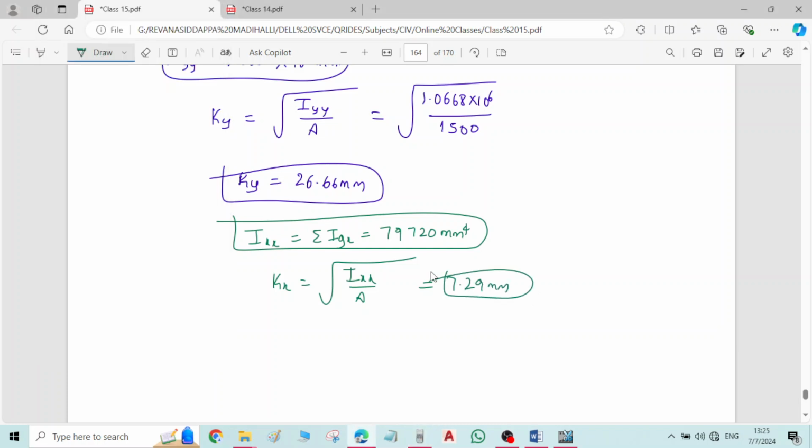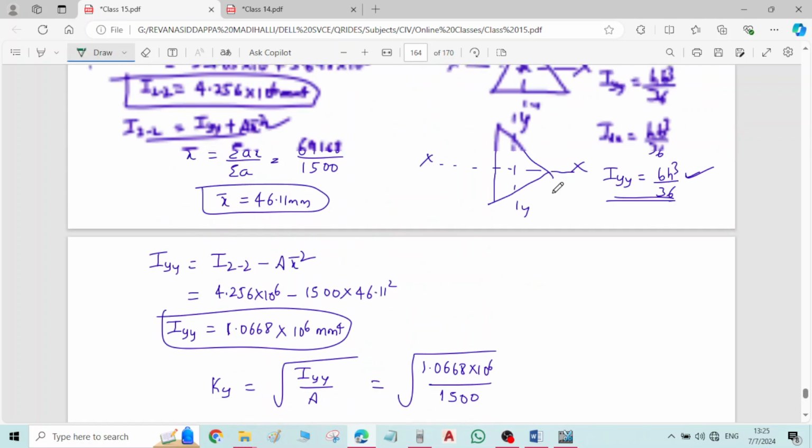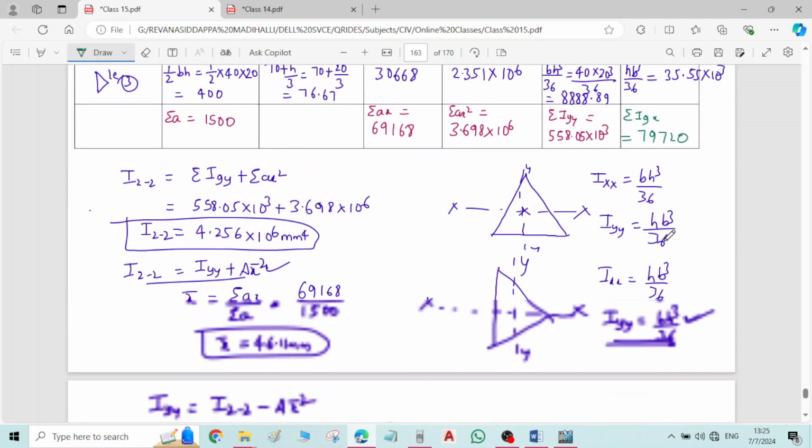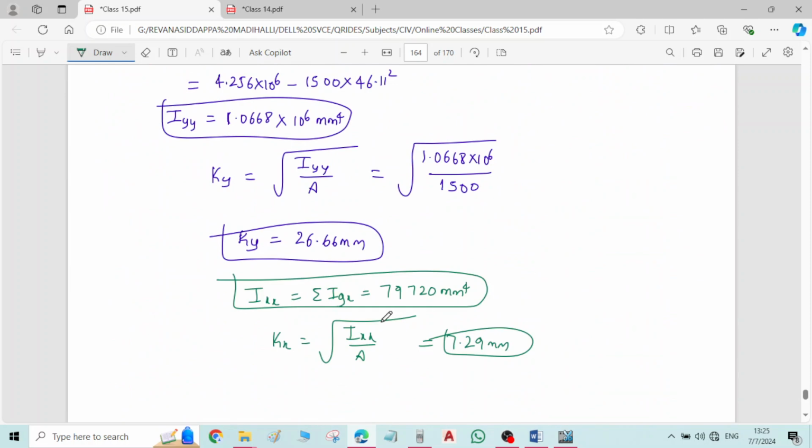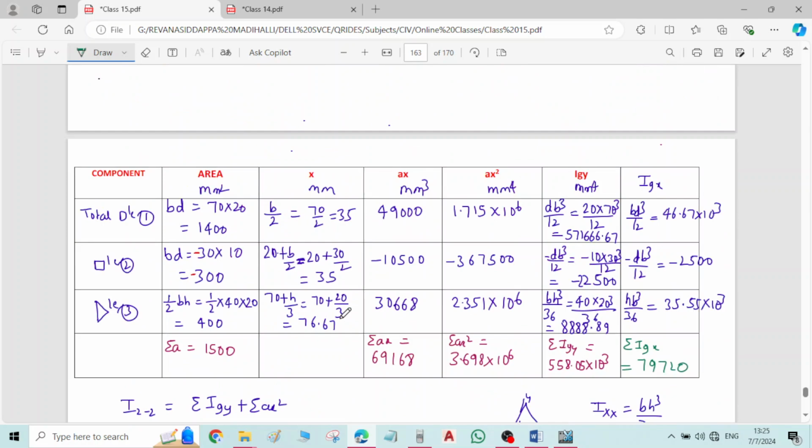So if the question asks for IXX also, in very simple steps you can get the value of IXX and KX, radius of gyration about X axis.